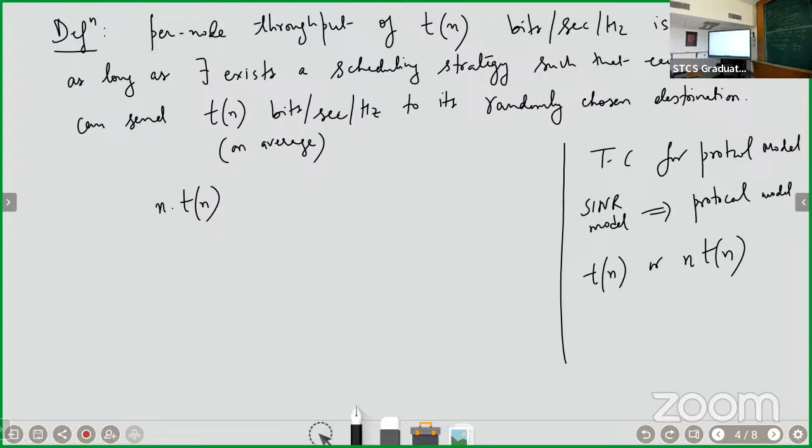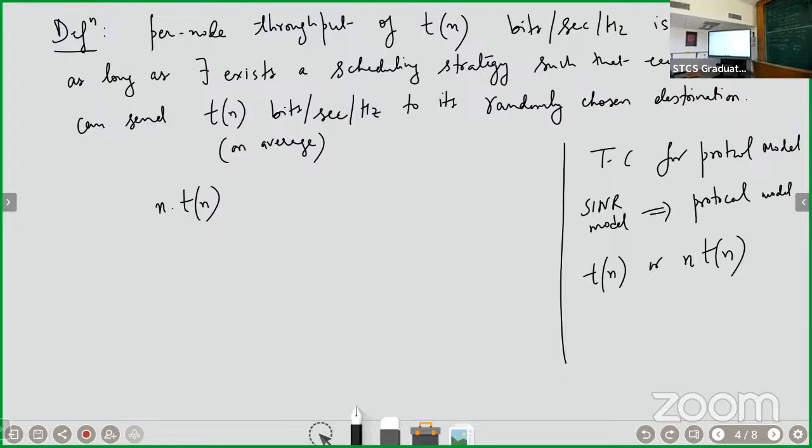Which part is not there? What is transport capacity counting?